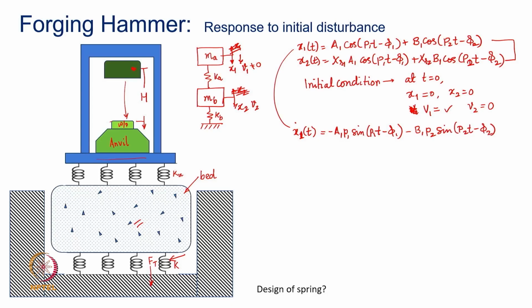Likewise, you can get the expression for x2 dot, and once you get this equation, you substitute these 4 initial conditions and get a1, b1 and phi 1, phi 2. Once you get those, you can substitute them back into the general solution to get an exact solution of the system, which will be valid for this kind of initial condition.